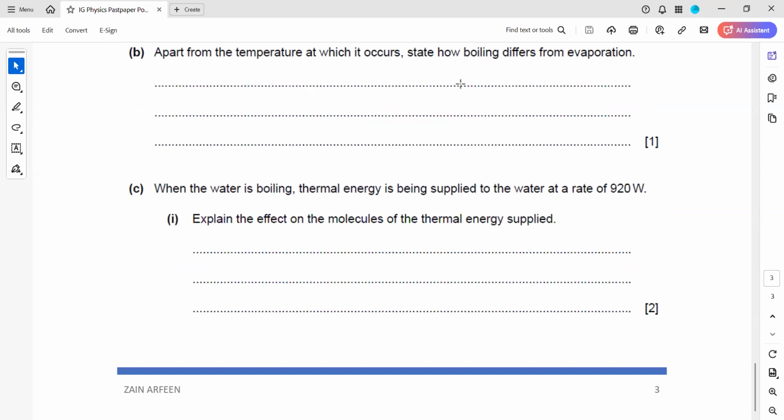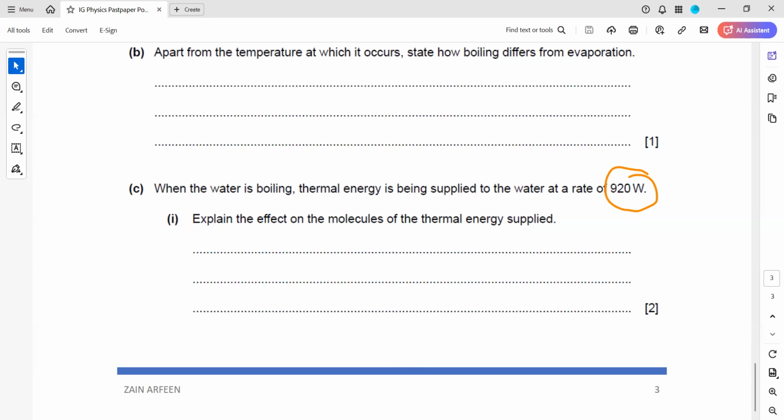When the water is boiling, the thermal energy is being supplied to the water at a rate of 920 watt. What is the meaning of 920 watts? Boiling occurs at 100 degrees centigrade.